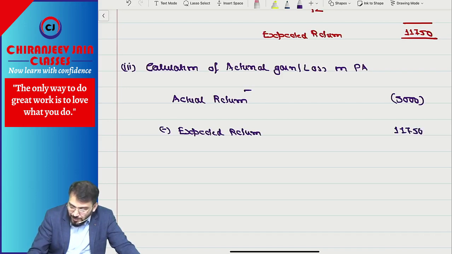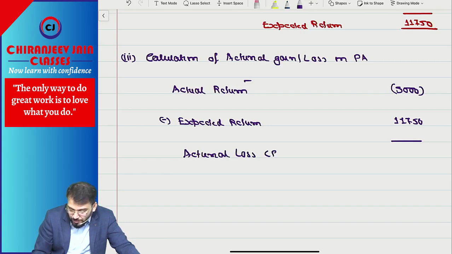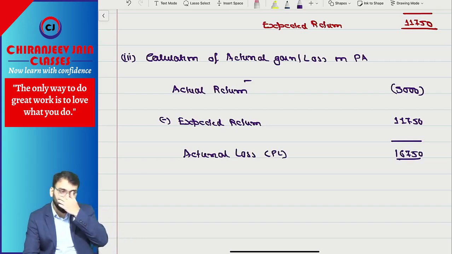Minus minus plus. So what is your actuarial, not actual, actuarial loss? Transfer to PL, 16,750. Understood.